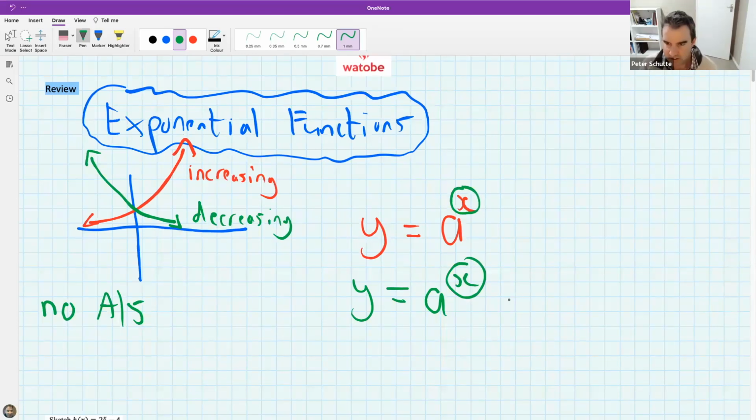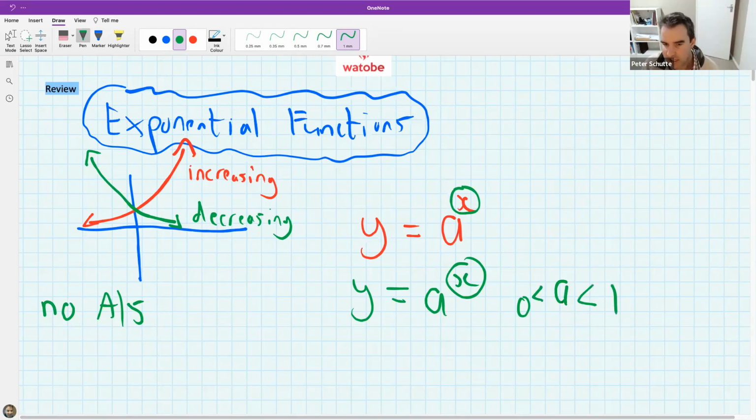When they are decreasing, the a value is a fraction, or we could say a is greater than 0 and less than 1. We actually can't have a negative a. That's not possible. But we can have, for example, a could be a third, or a could be 3/5. That would give us a decreasing exponential function if we have a fraction as the a value.